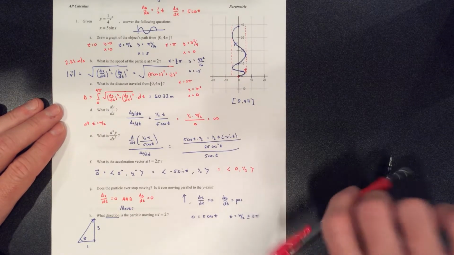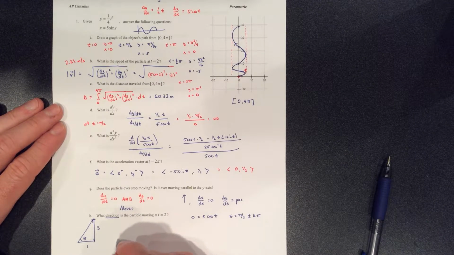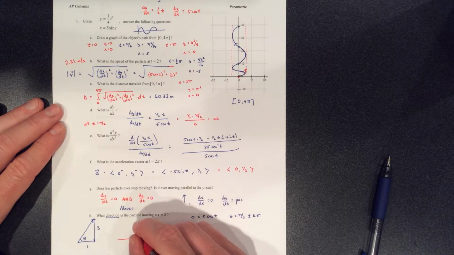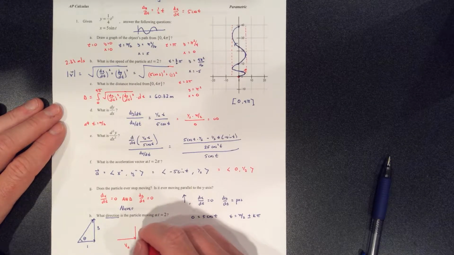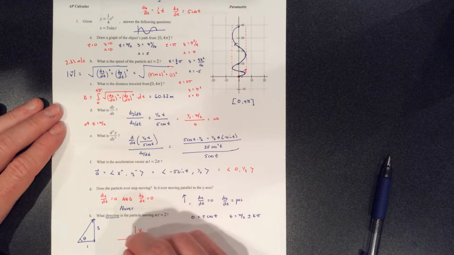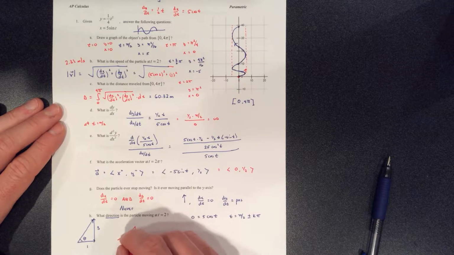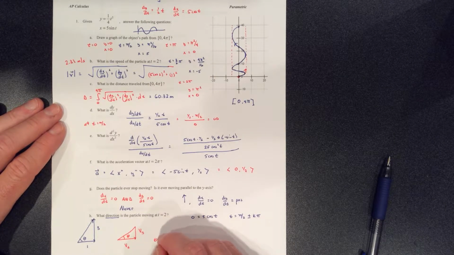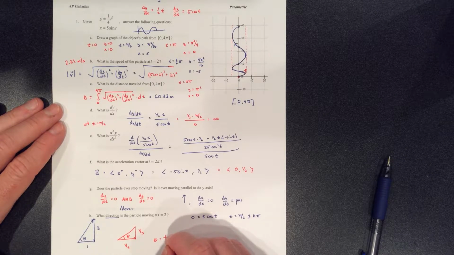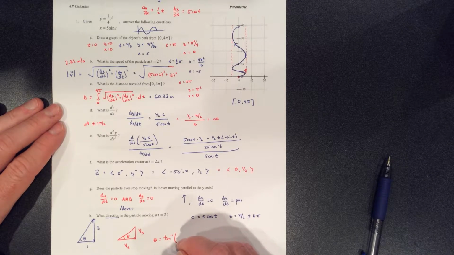And so in our case, and in any case, all we have to do at 2 seconds is find out the horizontal velocity, which is dx/dt, and the vertical velocity, and we just have to find that angle. Well, that angle is just the inverse tangent of dy/dx.